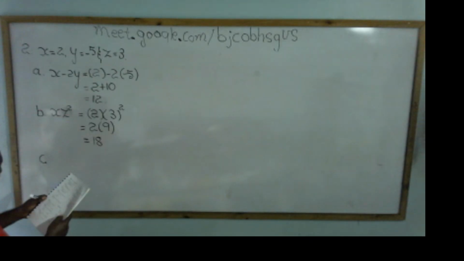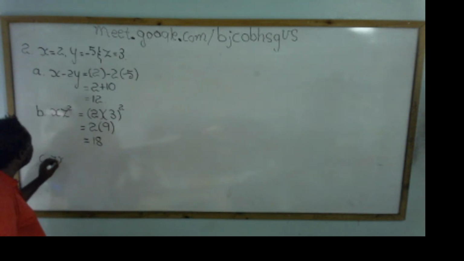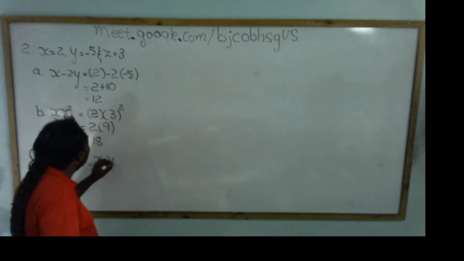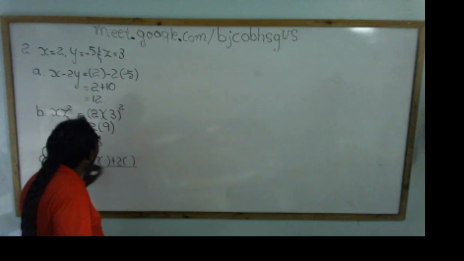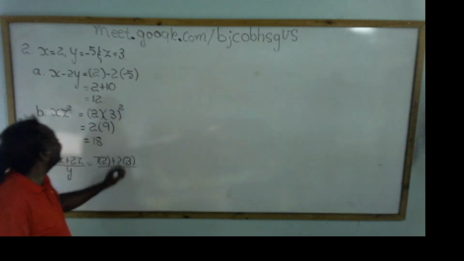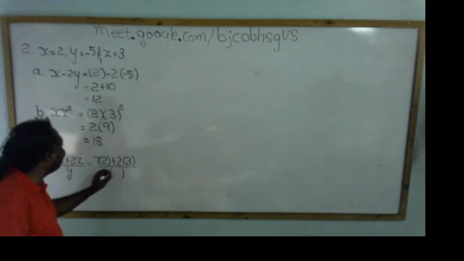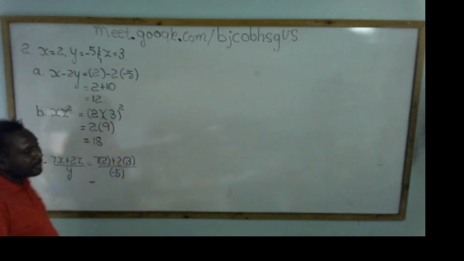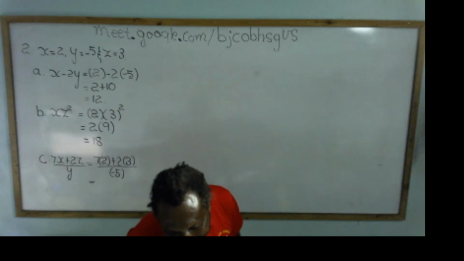And I hope that we're not too cramped for space. 7x plus 2z over y, which is equal to 7 something plus 2 something over something. x is 2, z is 3, y is -5. Now students, 2 takes longer than 5.